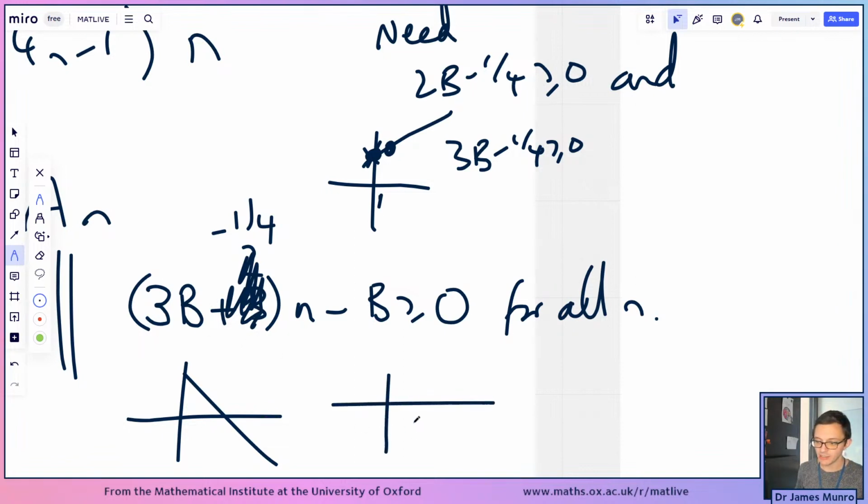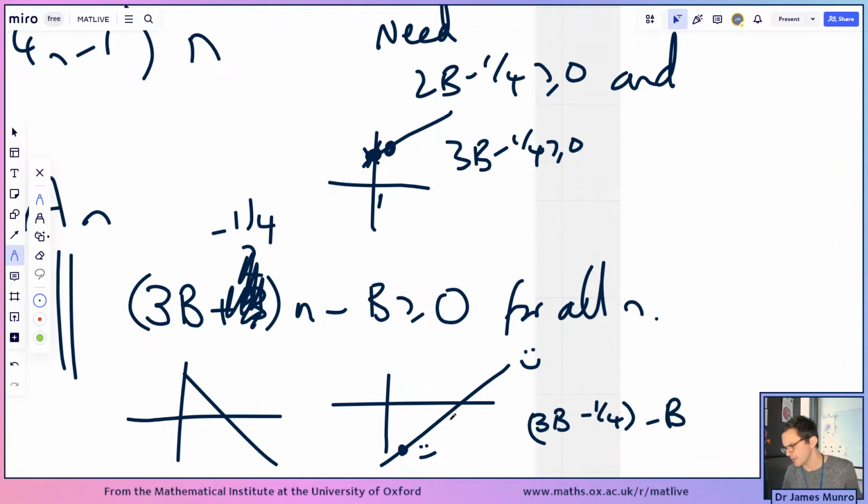But we're also looking out for this case where it's eventually positive, but it started off negative. The way we detect that is by plugging in n equals 1. For n equals 1, I get 3b minus 1/4 minus b, which is 2b minus 1/4, that thing I wrote down up here. If we check that that's positive, then that avoids this case, because it'll make sure that we start positive and stay positive.